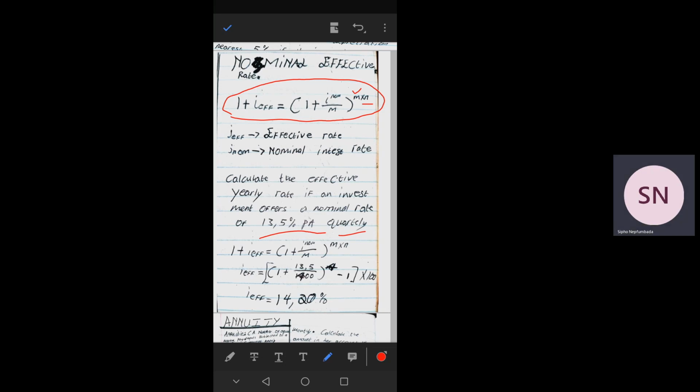Write the formula for i effective, the effective yearly rate, and substitute the data: 1 plus i nominal, 13, divided by m, the compounding period, which is quarterly.